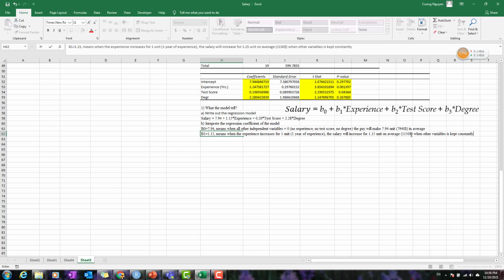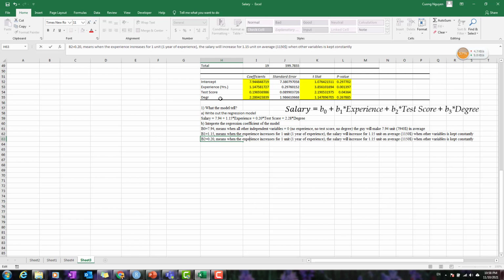Okay, constant. And the last one, sorry, beta 2 equal to, okay, I will change it, copy it. Beta 2 here means 0.20.